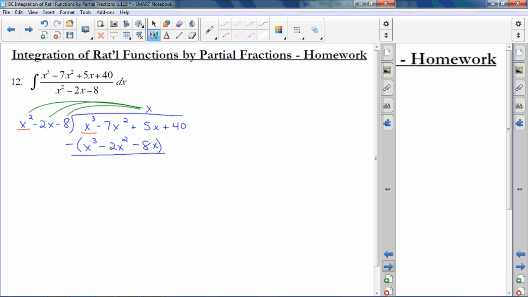That's exactly what we want. A negative 7x squared minus a negative makes it positive 2x squared. So negative 7 and positive 2 gives me negative 5x squared. And then we have 5 minus a negative 8 would be 5 plus 8, and so we get plus 13x. And then we bring down the next term, plus 40.